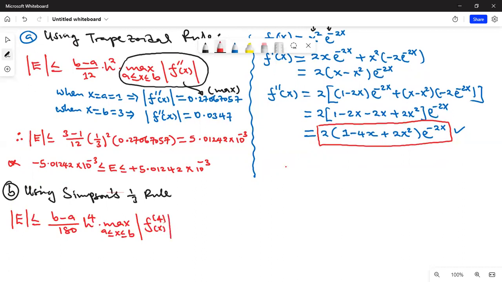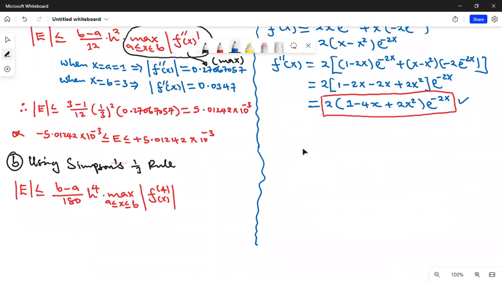Now, it means we need to go all the way up to the fourth derivative. So let's proceed with this differentiation. Find the third derivative, then the fourth derivative.